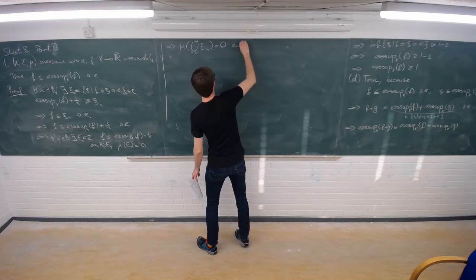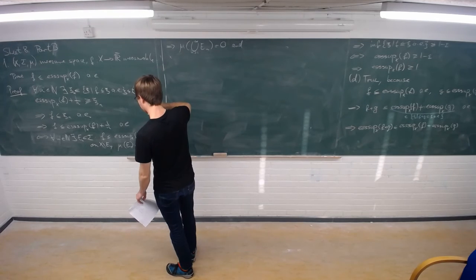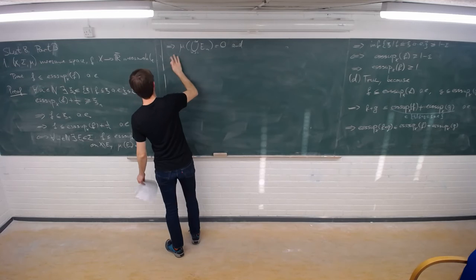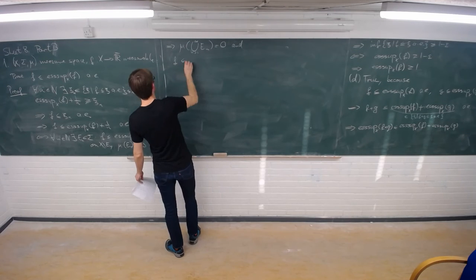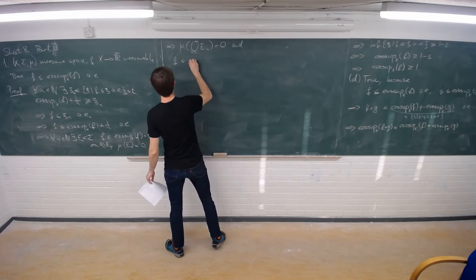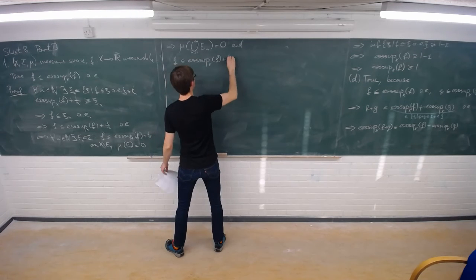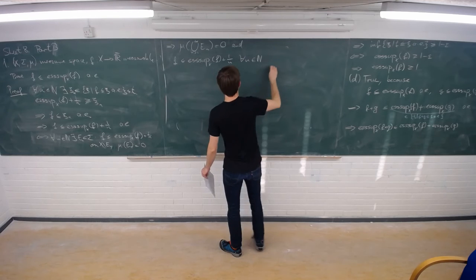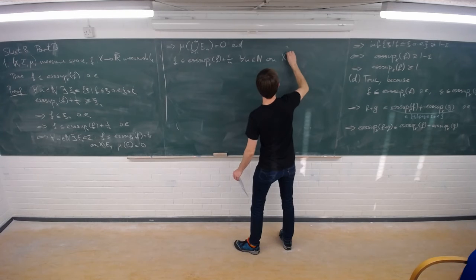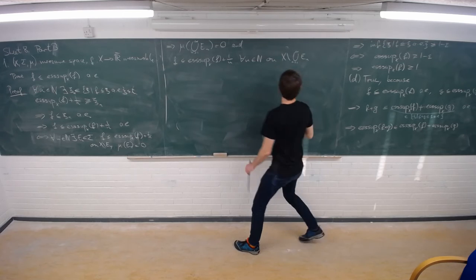And f is less than s. So f plus 1 over n, for all n, on x minus this union of all the E_n.